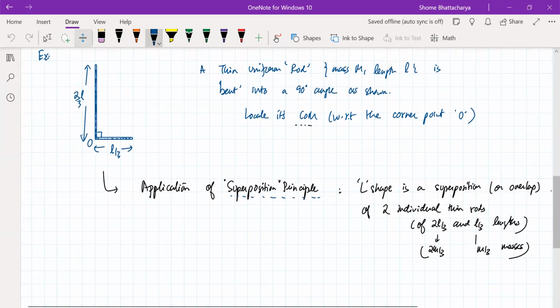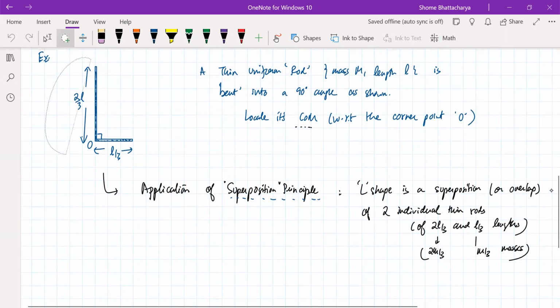So the first thing we'll do is we will replace this L-shaped rod.